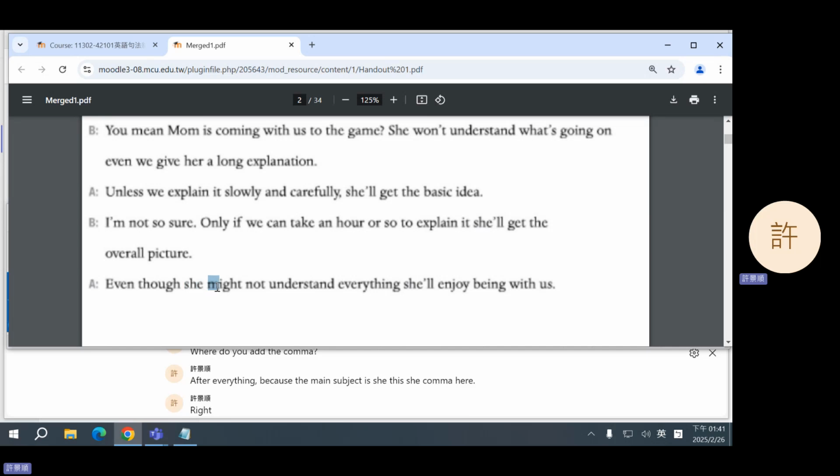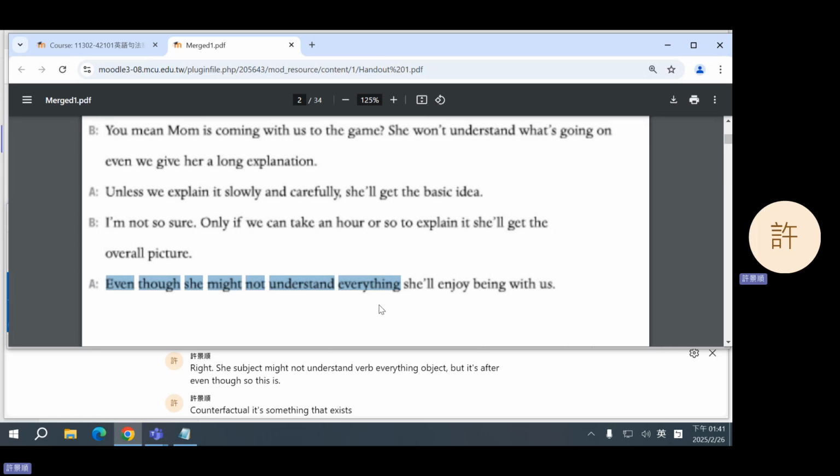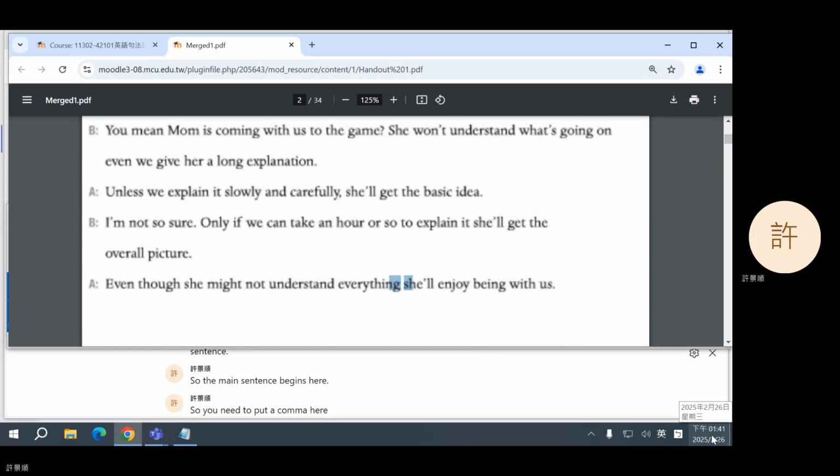She, subject, might not understand, verb, everything, object, but it's after even though. So this is a counterfactual. It's something that exists and negatively influences the main sentence. So the main sentence begins here, so you need to put a comma here. Questions?